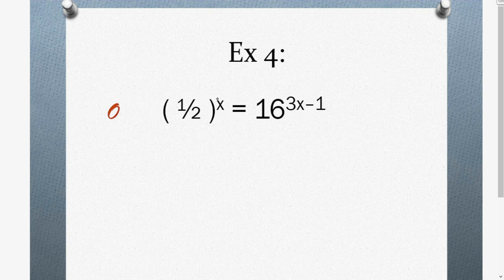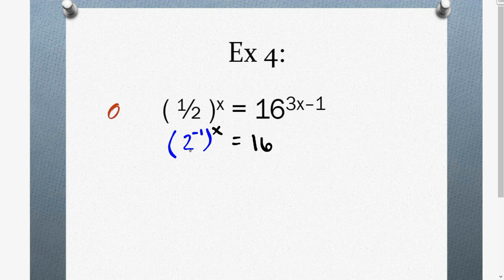Negatives, who really cares? So this isn't really 1/2 to the x. This has got to be rewritten, and I'll do it in blue, as 2 to the -1, because that's what 1/2 really is, but you got to write it that way.